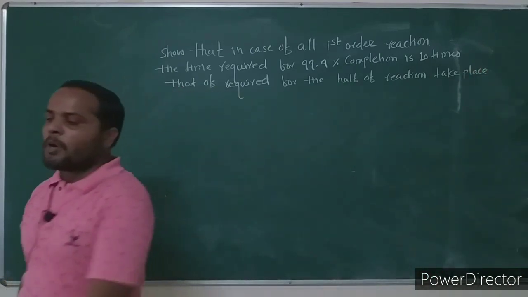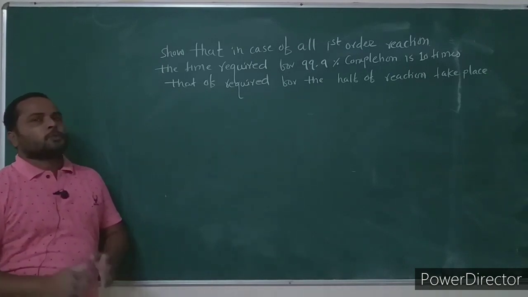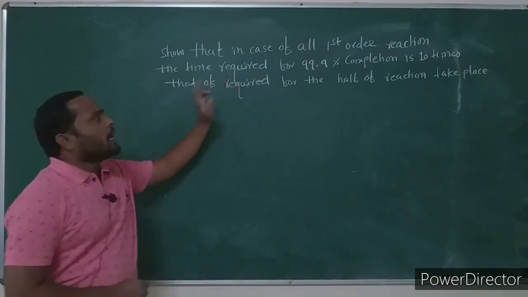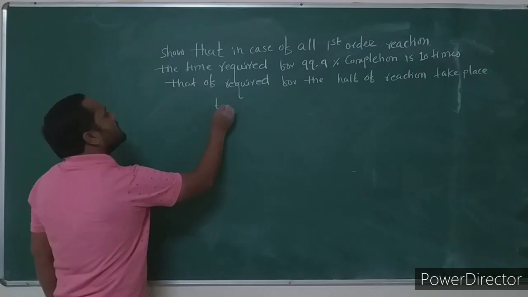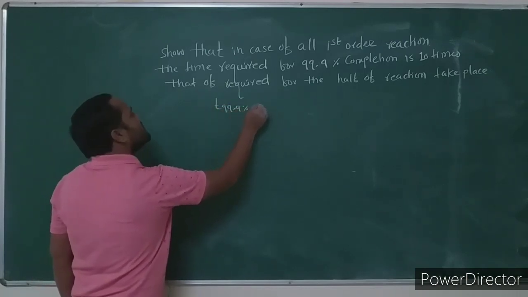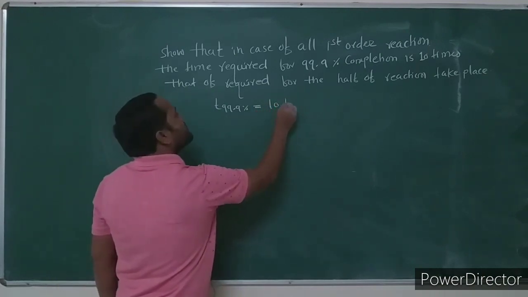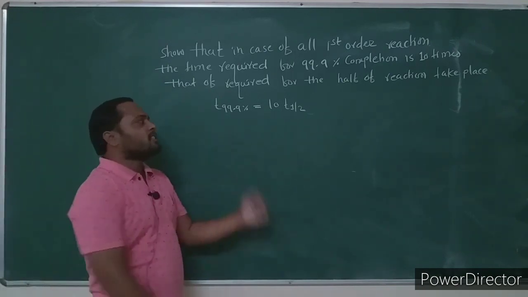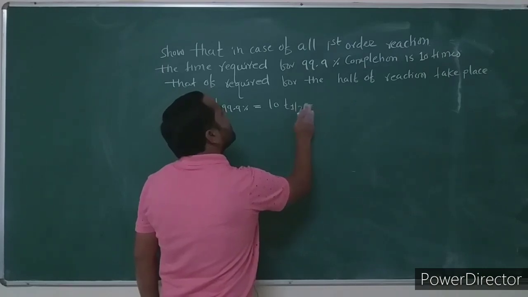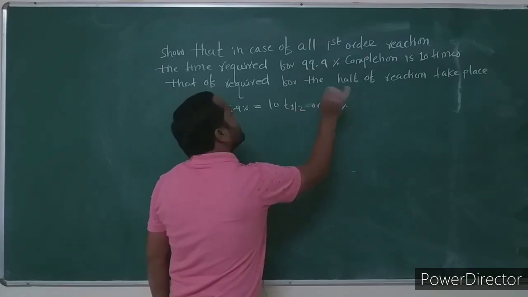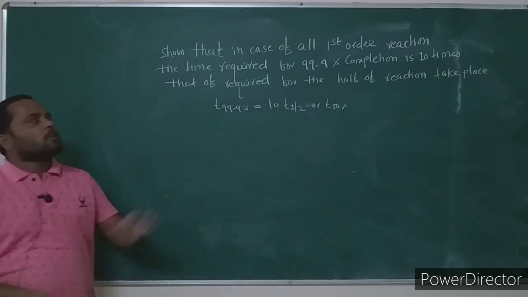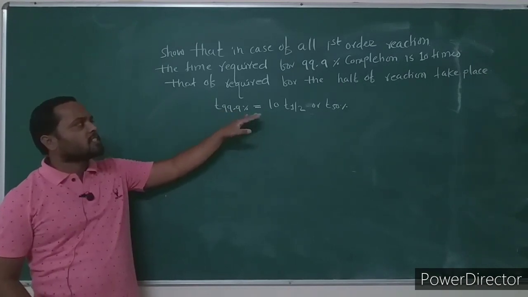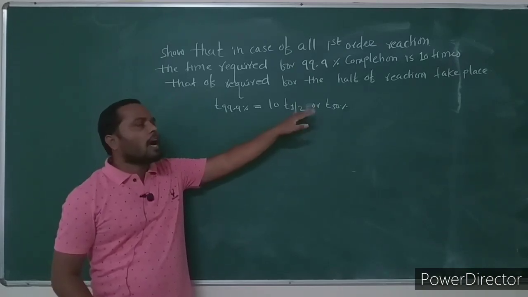Read the problem carefully. What we want to show is that in all first order reactions, the time required for 99.9% completion is 10 times the time required for half of the reaction.